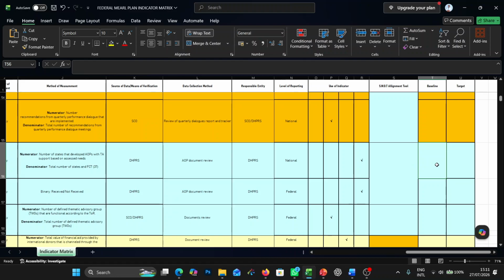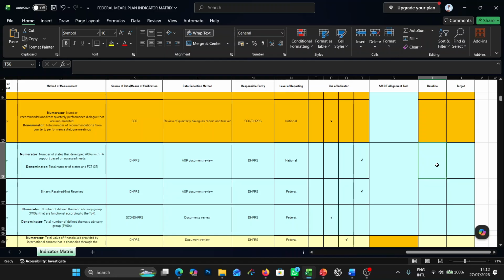What you have to do here is to put the baseline. The baseline is as at the end of the year preceding the planning year. For example, if we are planning for 2027, the baseline will be as at the end of December 2026. That will be the baseline.